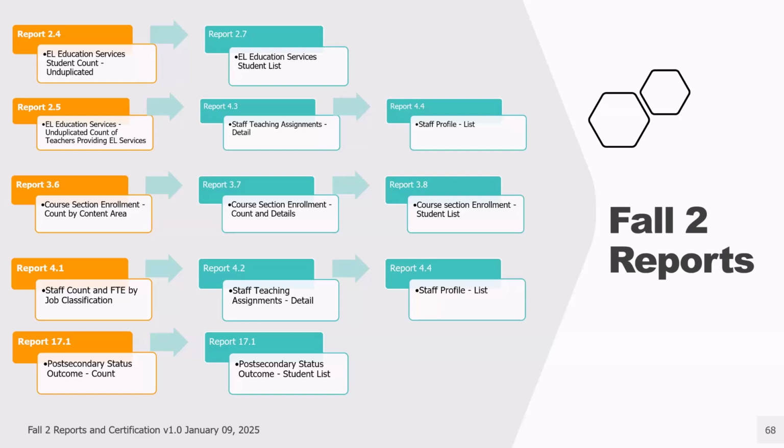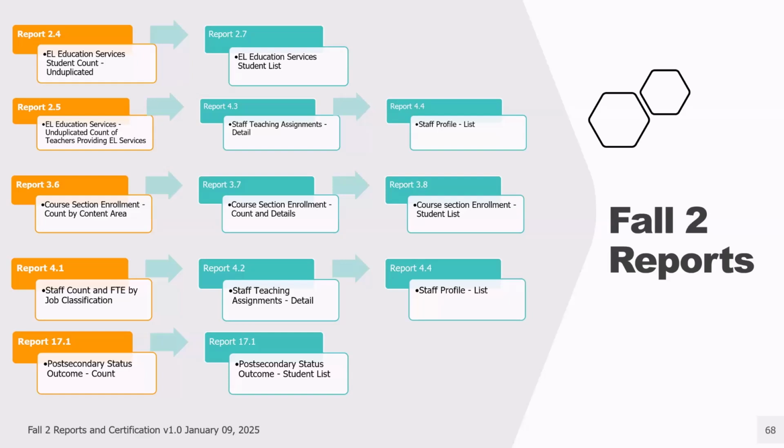Only those orangish yellow colored reports will prevent you from being able to certify. You have to review those. These greenish blue, whatever color this is, these supporting reports have all the information that you can actually make decisions on, that you can actually identify students, staff, courses, course details.